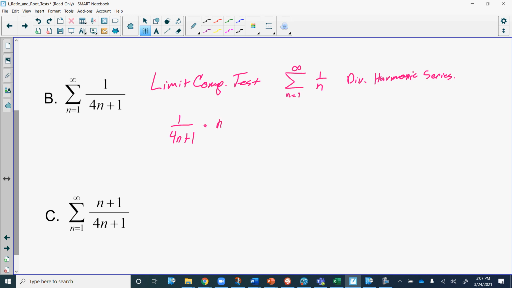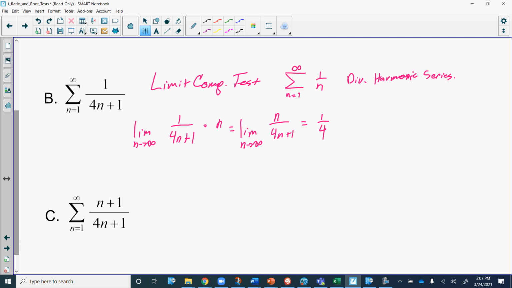That's going to give me the limit as n approaches infinity of n over 4n plus 1. And again, technically I should use L'Hopital's rule to avoid the indeterminate form, but we can justify that this is going to have a limit of 1/4.